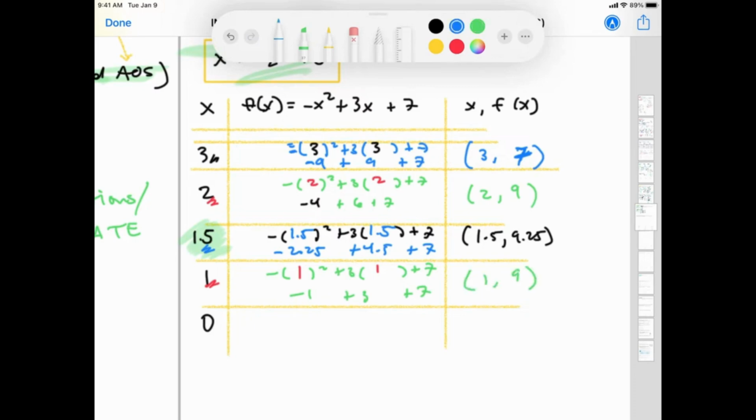And let's do 0. Put in 0. 0 squared is 0. Opposite of 0 is 0. 0 plus 0 plus 7 gives me 0, 7.